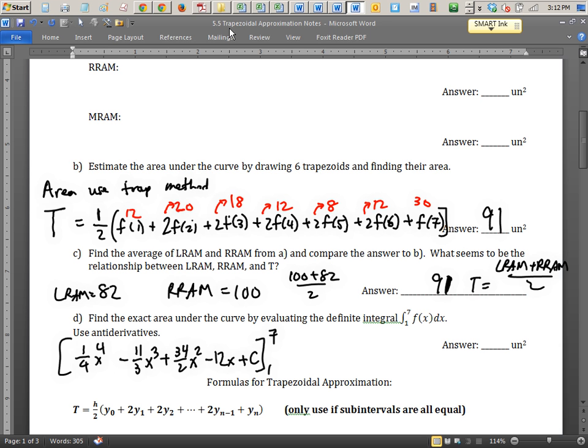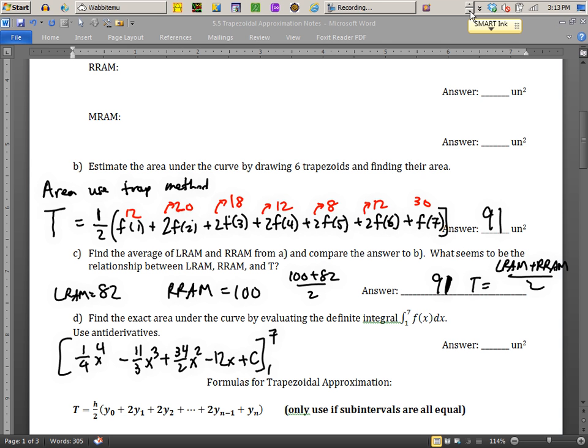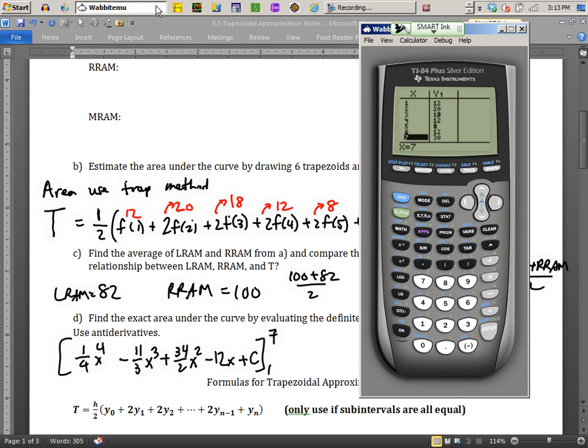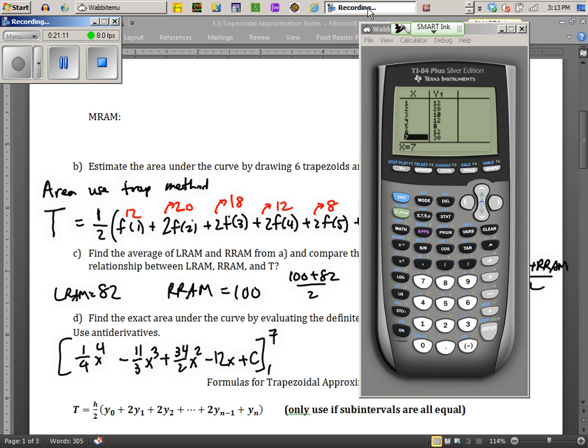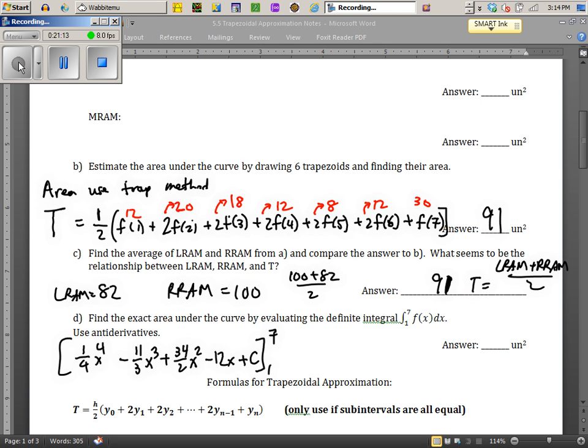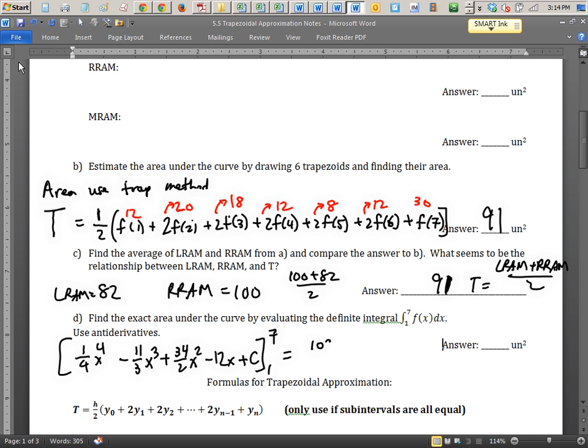Now if you plug in 7 and 1 and then subtract, you're going to end up getting the definite integral. That's going to give you the exact area under the curve. If you plug in the 7, what you actually get is 1099 over 12. I worked it out just a moment ago.